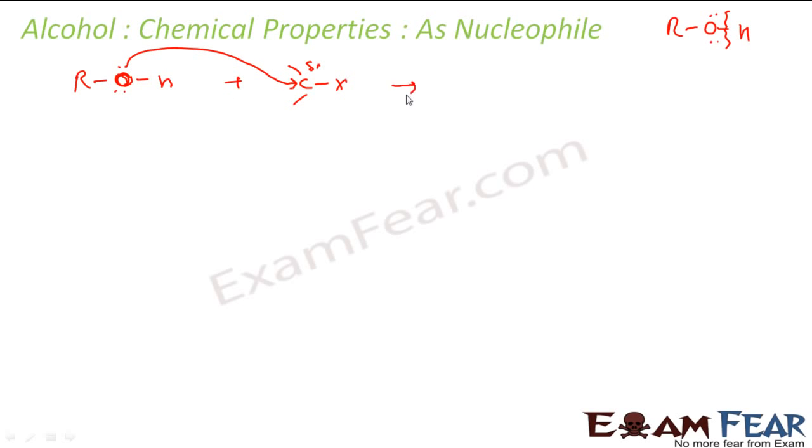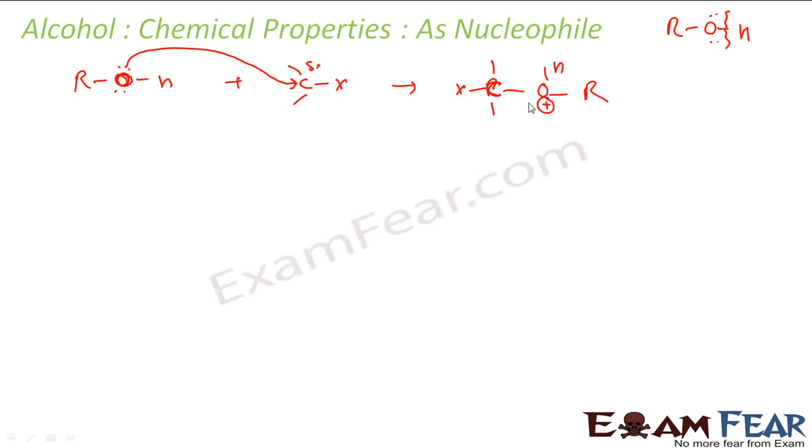So what you form is C, and here you form O, H and R. Since this oxygen is giving electrons, it becomes slightly positive.